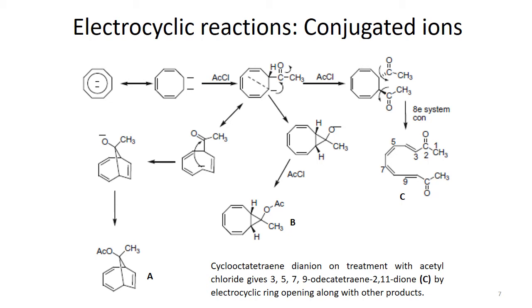Anyway, we got the product C by a conrotatory 8 pi electronic system ring opening. This was the main electrocyclic reaction here.